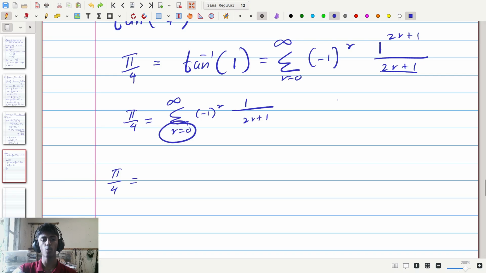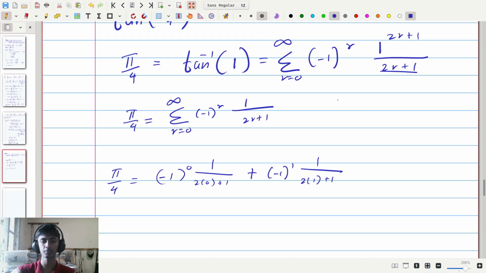Doing that, when r is equal to 0, we have negative 1 to the power of 0 times 1 divided by 2 times 0 plus 1. The next term is when r is equal to 1, so it's negative 1 to the power of 1 times 1 divided by 2 times 1 plus 1. The next term, when r equals 2, is negative 1 to the power of 2 times 1 divided by 2 times 2 plus 1, and so on.